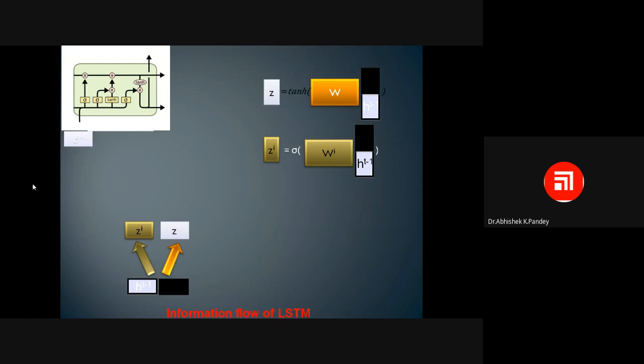This is the first classification we are doing in the internal architecture: whether the given information is relevant or not, whether it is information, errors, or noise. This has to be checked in the pre-processing phase. That's the first function of LSTM.